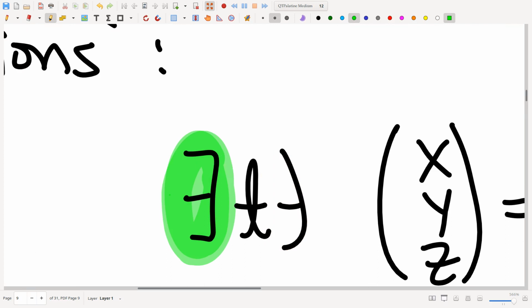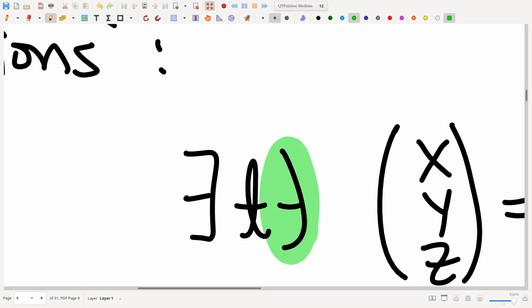This weird-looking backwards E is a little mathematician shorthand, and that means there exists or there is. And this little oddball means such that or so that. It's just a little shorthand for convenience. Good question.